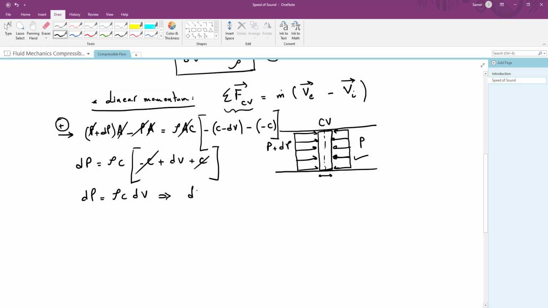And as a result, we have our second equation where dV is simply dP over rho C. So this is our second equation.